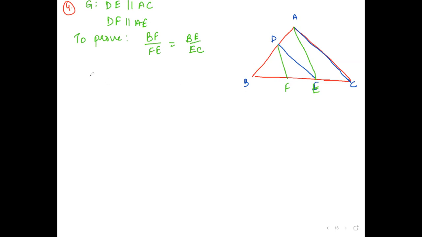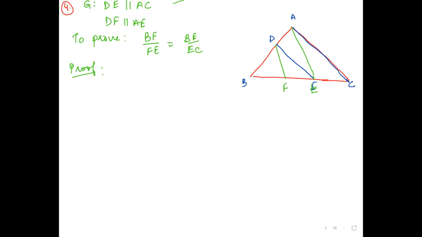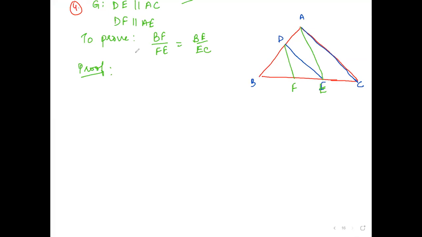Okay, let's do the proof now. Always use whatever is given. So we start with one given condition, which is DE parallel to AC, right? DE parallel to AC means blue line. If I want to make use of blue line, which triangle should I take? Triangle ABC. Good.